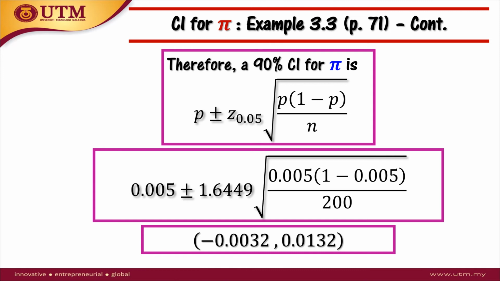The 90% confidence interval for the true population proportion of defective units produced by the manufacturer is negative 0.0032 and 0.0132. The answer is mathematically sound, but in practice, you can report that the 90% confidence interval for the true proportion of defective units produced by the manufacturer is 0 and 0.0132.